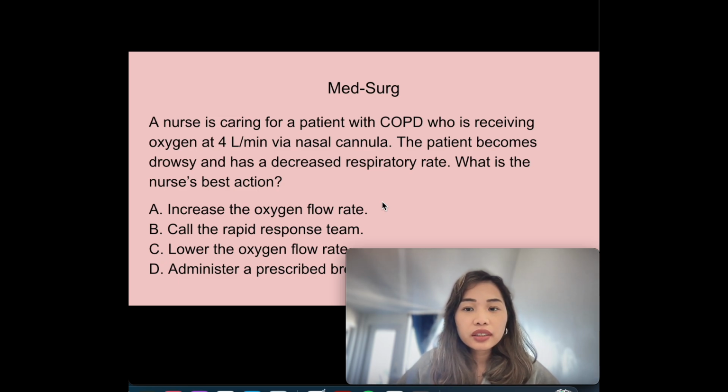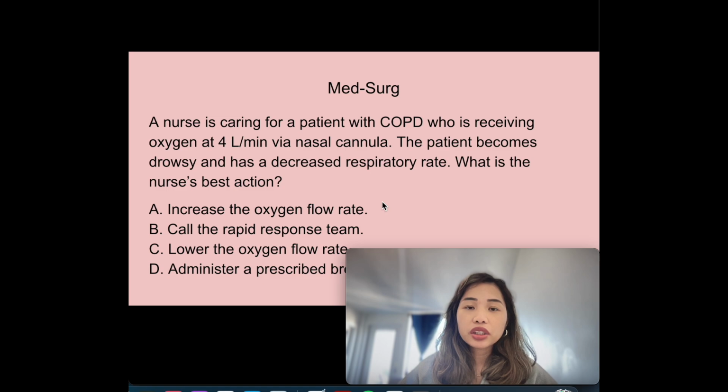Just looking at this question, some key information that you need to know prior to doing this question, that's why you need to review ahead of time, is you have to know about COPD patients. So what do we know about COPD patients? We can't give oxygen just like that, because COPD patients rely on low oxygen levels to stimulate their breathing.